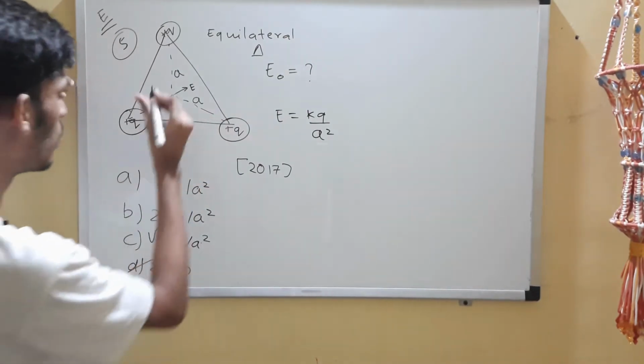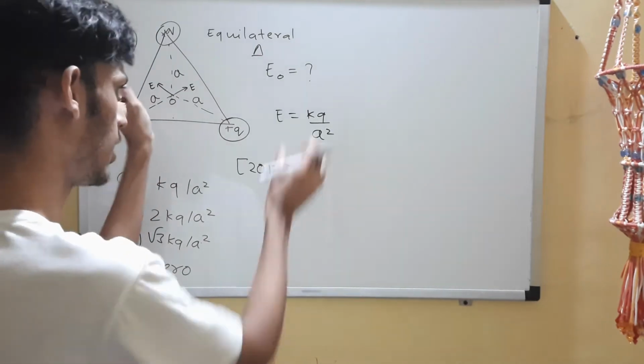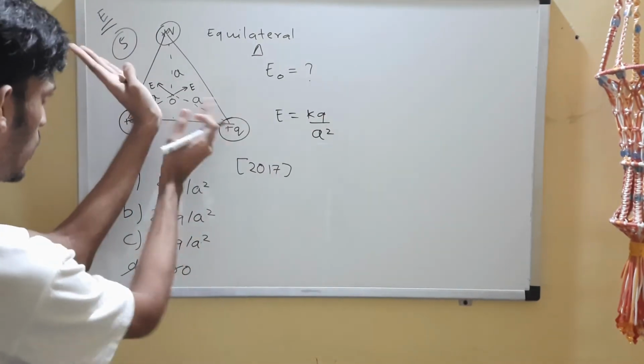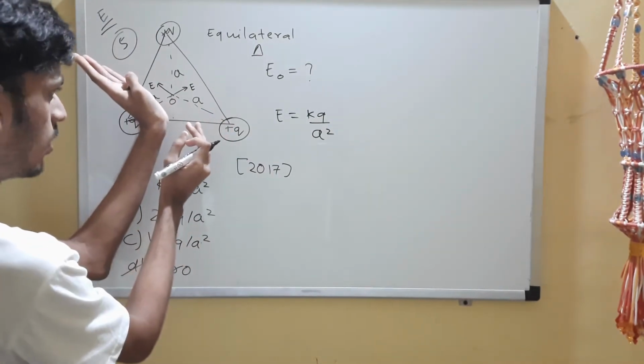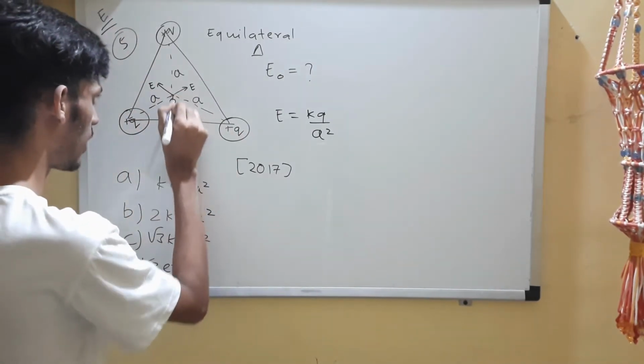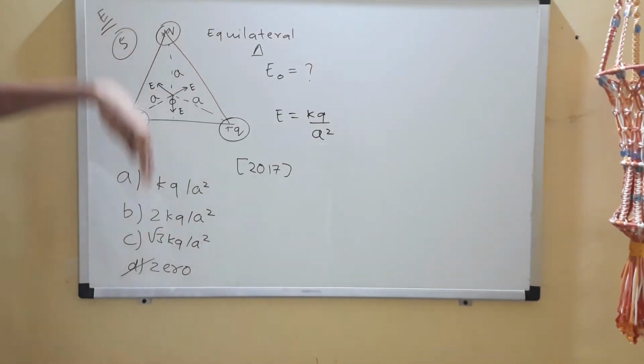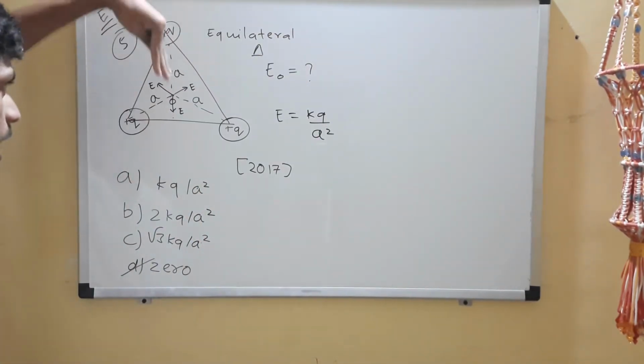Now due to this q, again it will be E in magnitude, kq by a square, and the direction will be something different. Now due to this q, the electric field will again be E, magnitude-wise the same, kq by a square, and the direction will be like this.